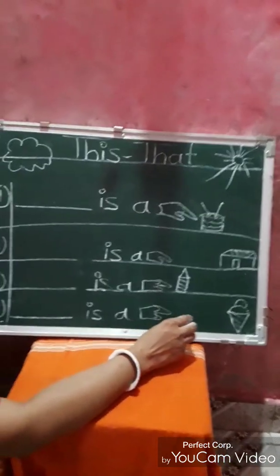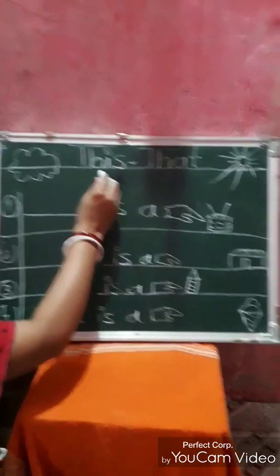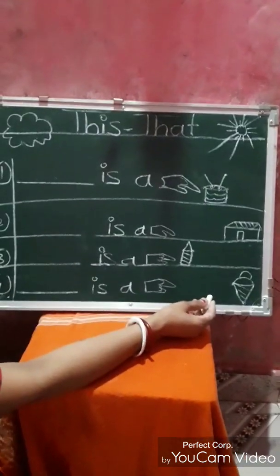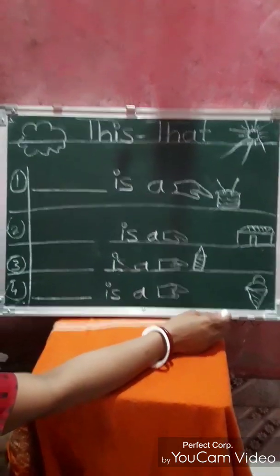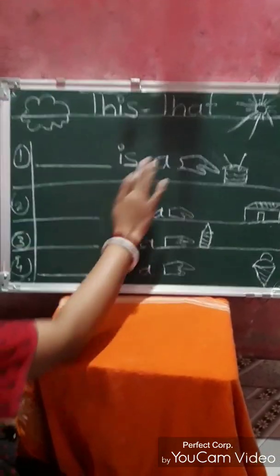And one more important thing I want to tell you: while using this and that, keep in mind that this and that are used only for singular things. Look at the board.